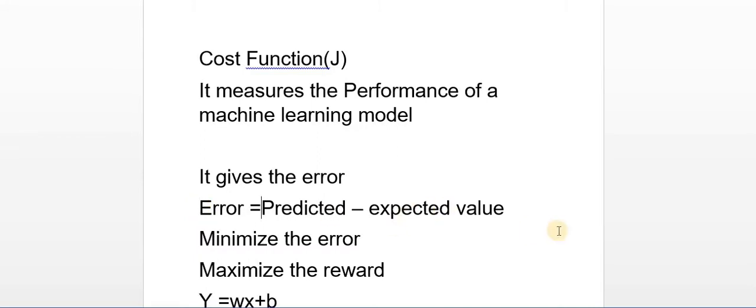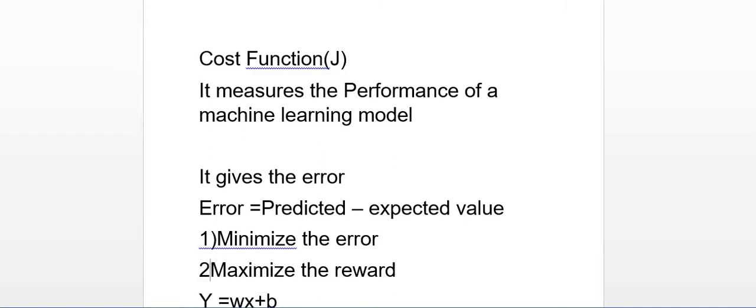And this cost function has two purposes. One is to minimize the error, and the second one is to maximize the reward. To minimize the error means the difference between the predicted value and the expected value should be less.